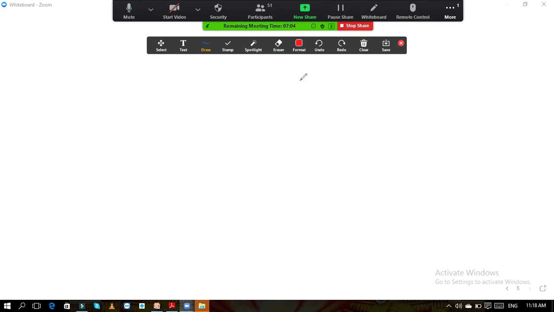So here you can write: provide 2 bars of 12 mm diameter at top. This sentence you can write here itself or at the last also, it doesn't matter.